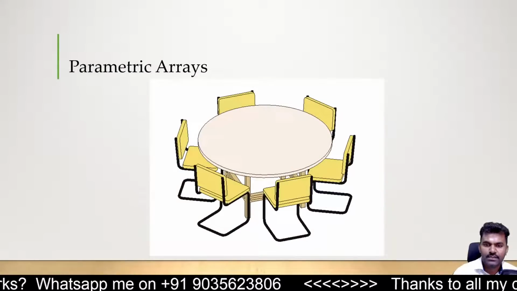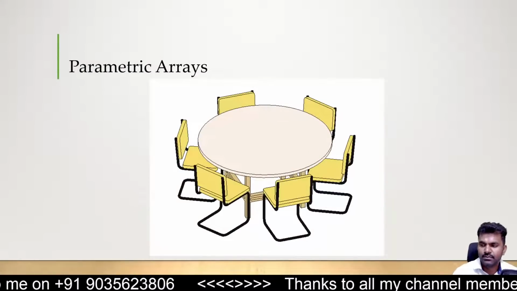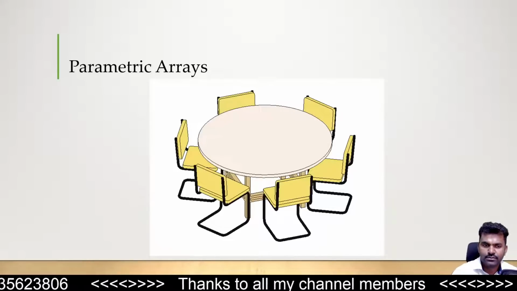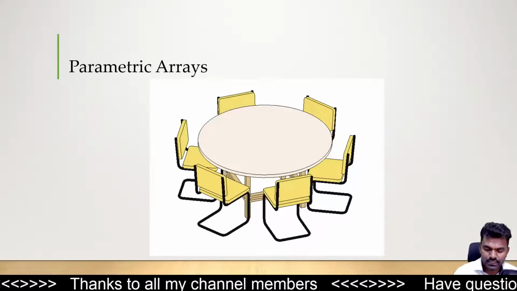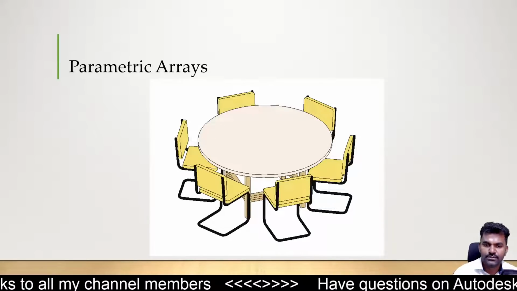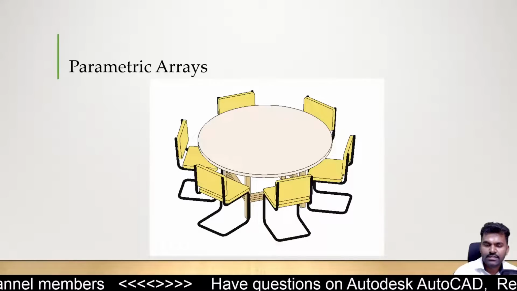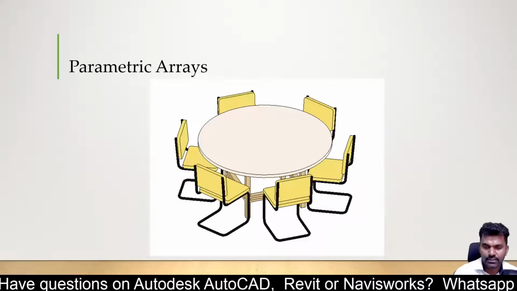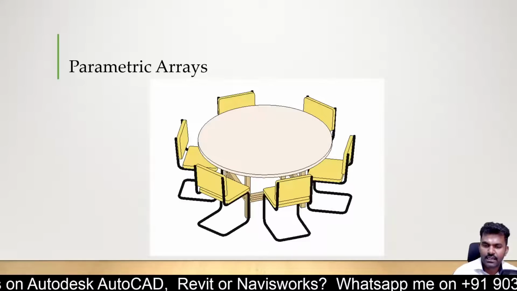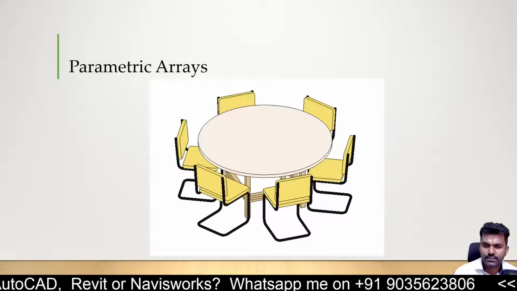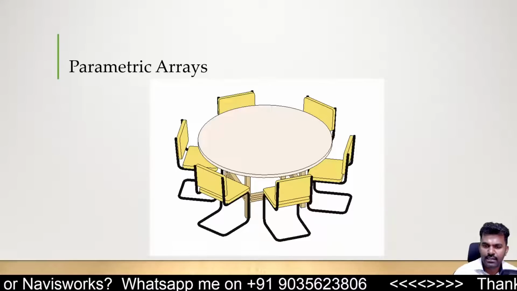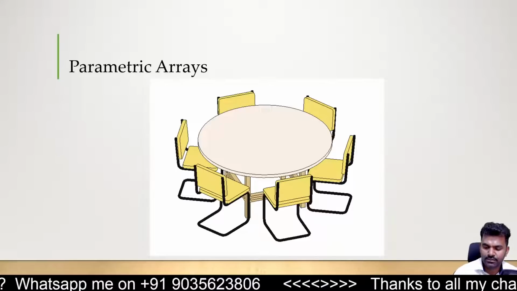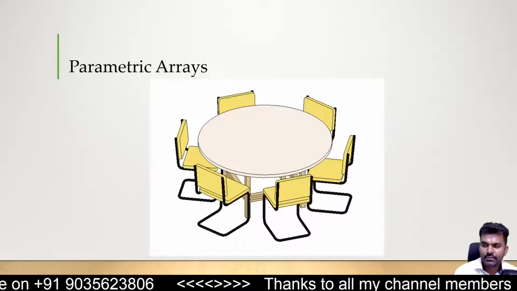Parametric array. Parametric arrays are an awesome tool, but it has a limitation also. When you are using array, that's going to increase the file size. So this family is an example for parametric array. Once you are making an array, you can use the distance value as a parameter. You can use the number as a parameter. So that's how the parametric array works.